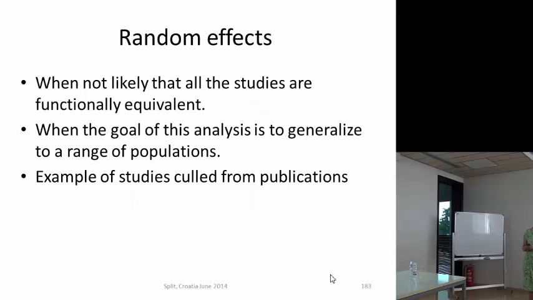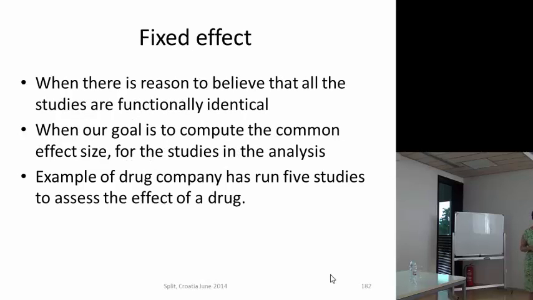And in a fixed effect model, essentially, if you do a fixed effect analysis, you can't generalize it. You can only make a summary statement on studies just like the ones in your analysis.